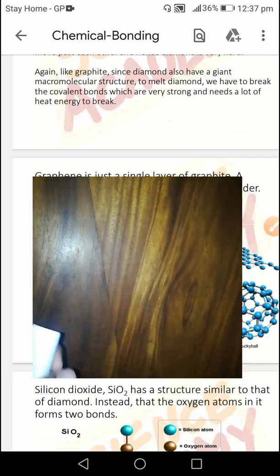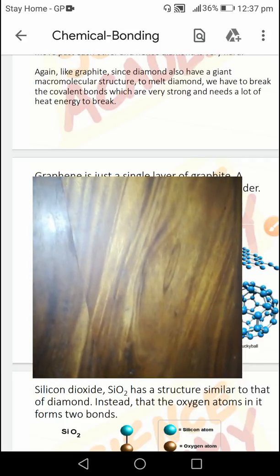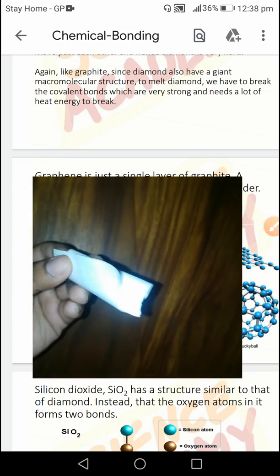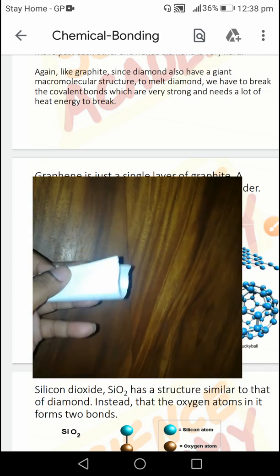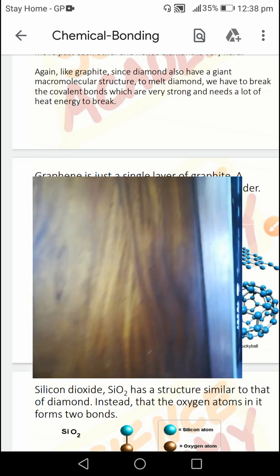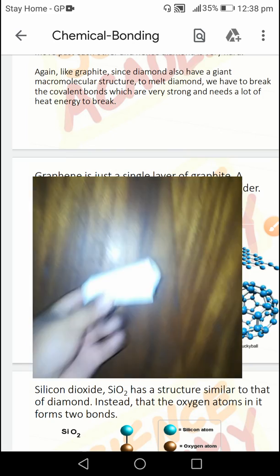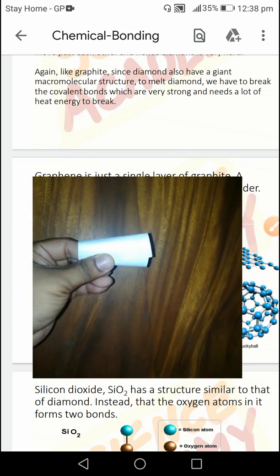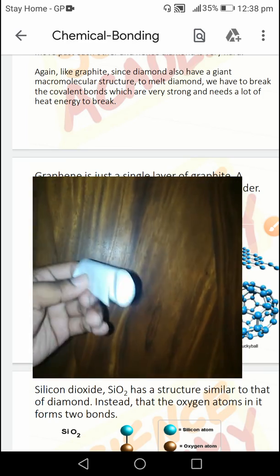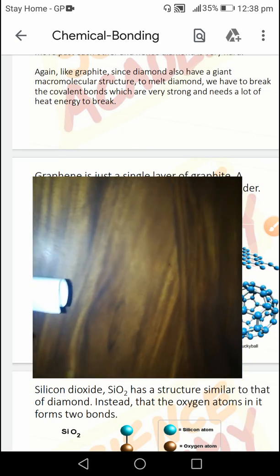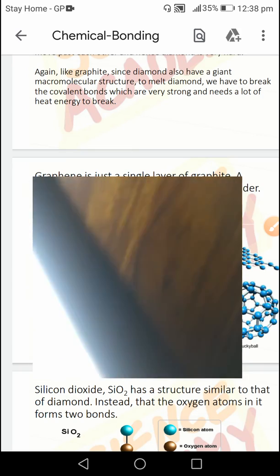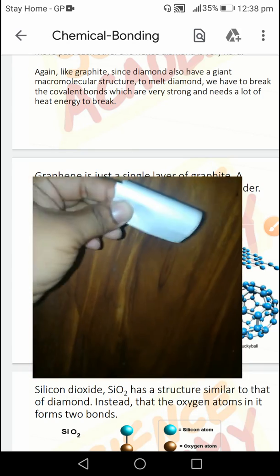It's difficult to prepare a nanotube, but still I'm trying. Here you go. So this is a nanotube. When you are trying to put a force on this nanotube, look, it's so much difficult to deform because this nanotube is also a single layer of graphite just turned into a cylinder shape, and it's very difficult to deform.